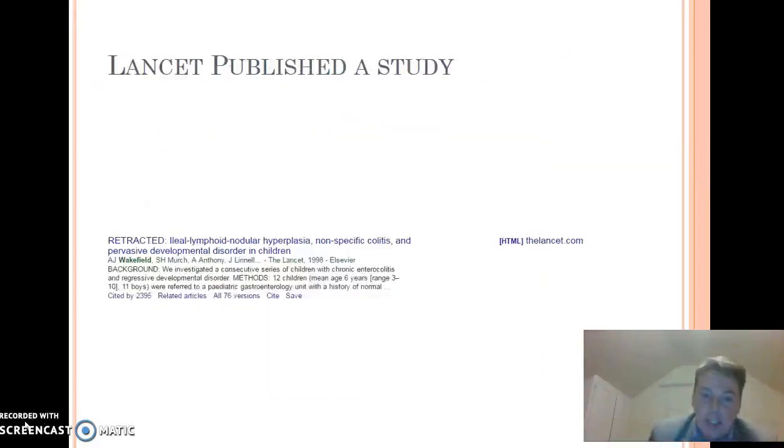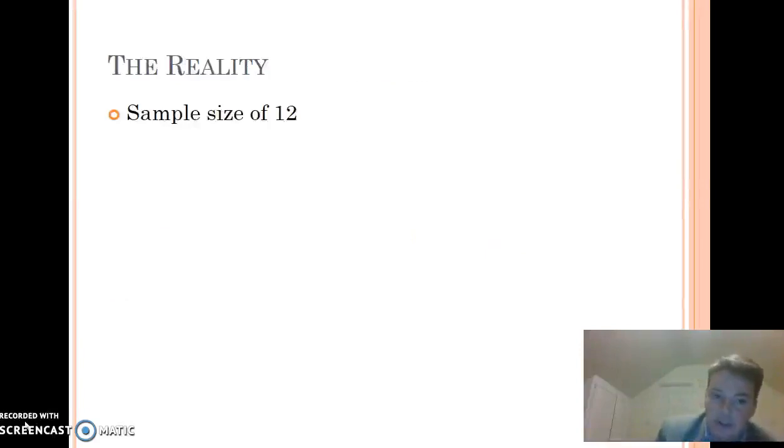Back in 1998, The Lancet, an extremely prestigious medical journal, published a story linking the MMR vaccine with autism. It was a very controversial study and had a huge impact, with declining rates of vaccine uptake.